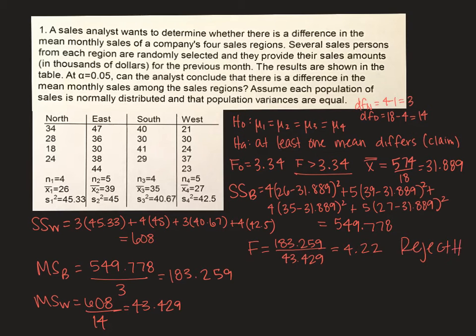So I can reject my null hypothesis. And then my interpretation is just enough evidence to support the claim that the mean monthly sales among regions will differ.